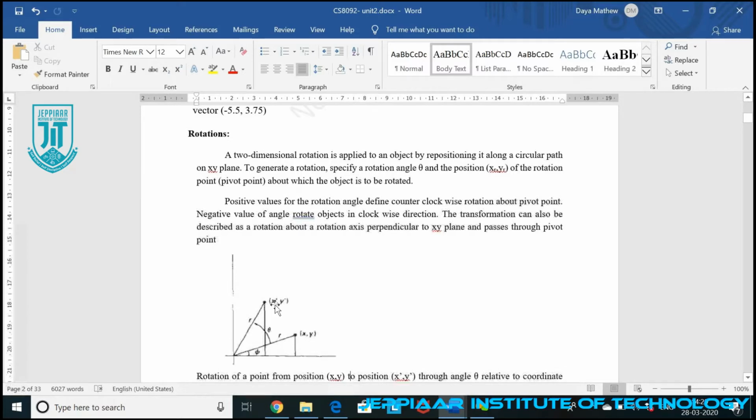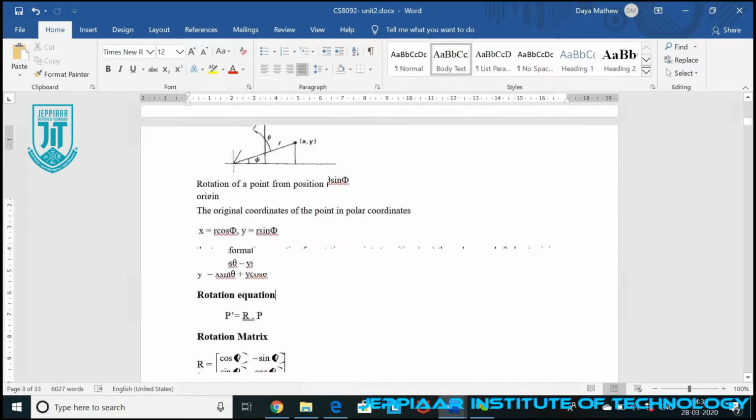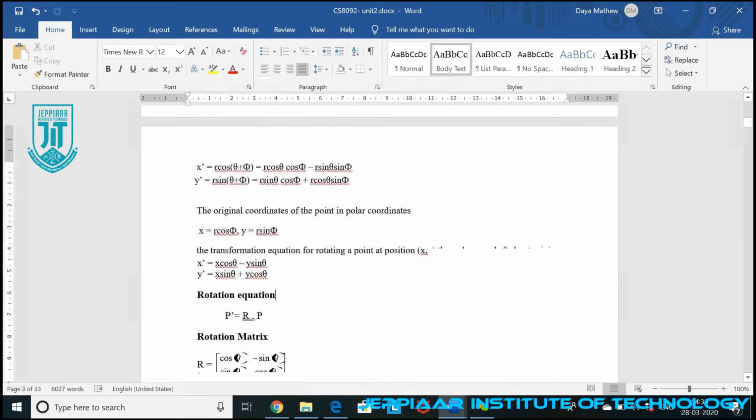So x dash is equal to r cos (theta plus phi), and y dash is equal to r sin (theta plus phi). If you expand this equation, you will get x dash equal to r cos theta cos phi minus r sin theta sin phi, and y dash equal to r sin theta cos phi plus r cos theta sin phi. So what are x dash, y dash? They are the new coordinates.